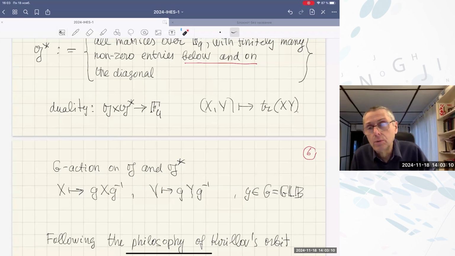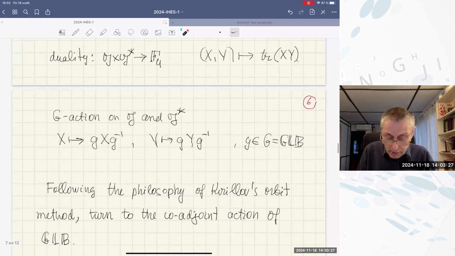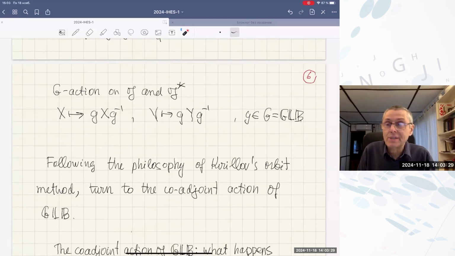And one can try to apply the great Kirillov's principle. Look at the orbits and take the invariant measures, try to find the Fourier transforms, and so on. But it turns out that this does not go.